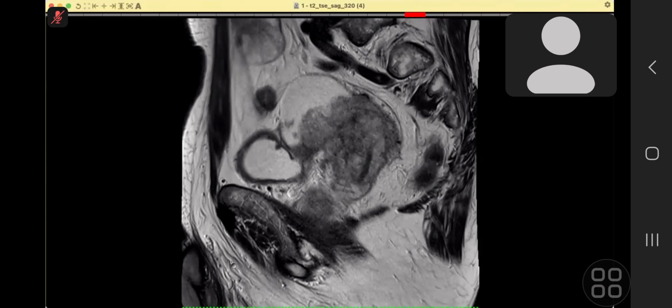I want to check the bone window also to see if there is any widespread sclerotic metastasis. I will also see the lab results to see if there is any rise in the prostate specific antigen level.